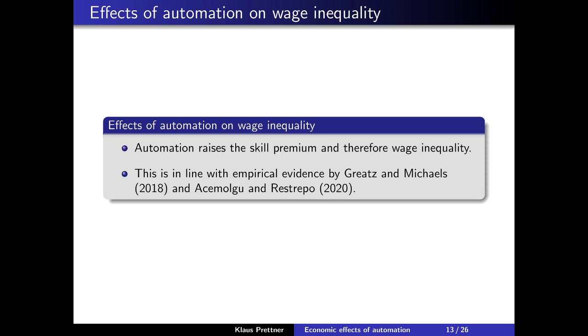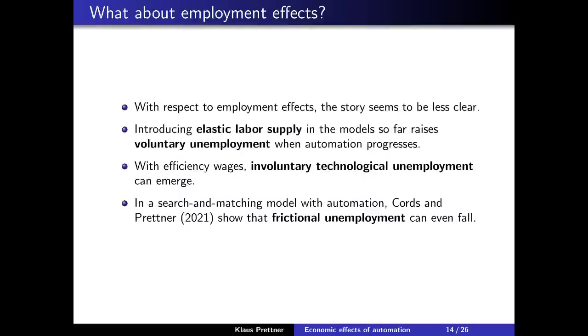And it's also in line with empirical evidence that this is actually driven, to some degree, by automation. For example, Graetz and Michaels and Acemoglu and Restrepo show that low-skilled workers are more affected by automation than high-skilled workers, and that this actually increases wage inequality.